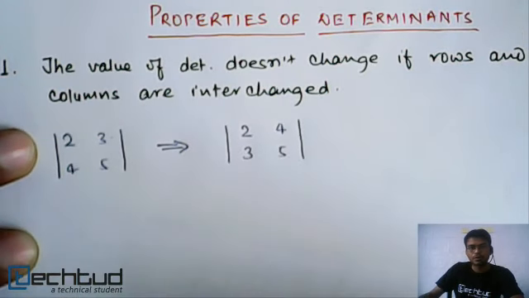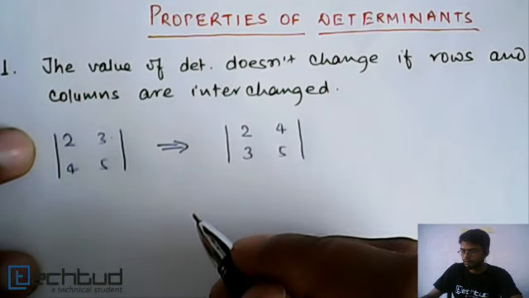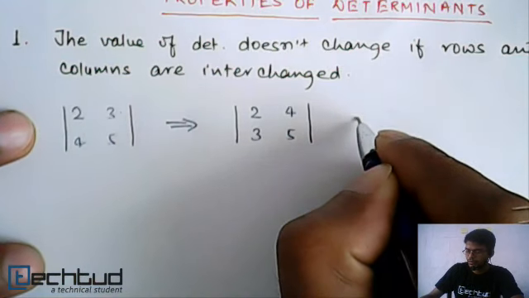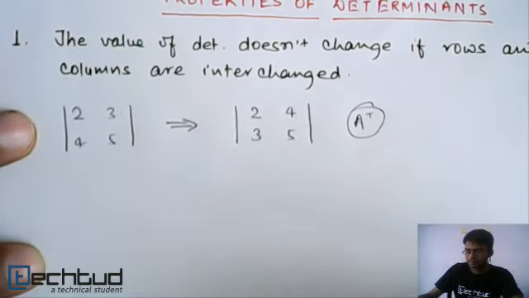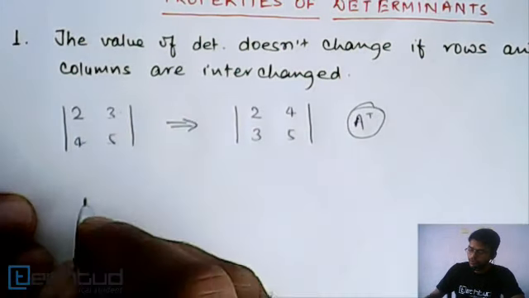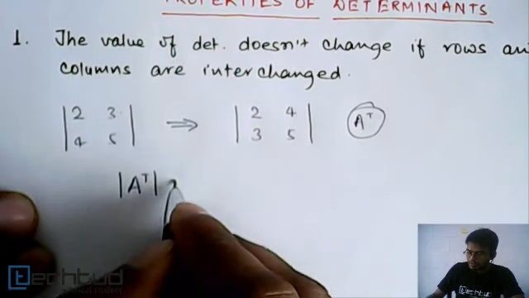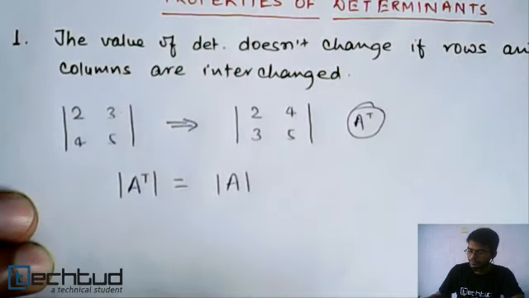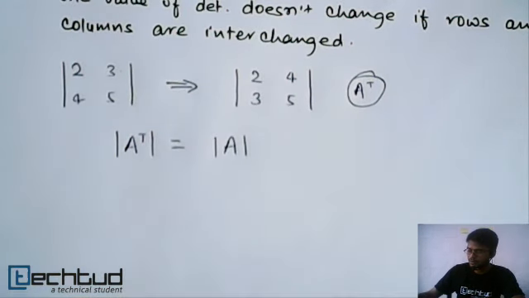Okay, so we have interchanged the rows into columns and columns into rows, so this is basically called transpose, represented by this. We will study this in matrix also. So the determinant of A transpose is equal to the determinant of A, the original value of the determinant. Okay, so that was the first property.